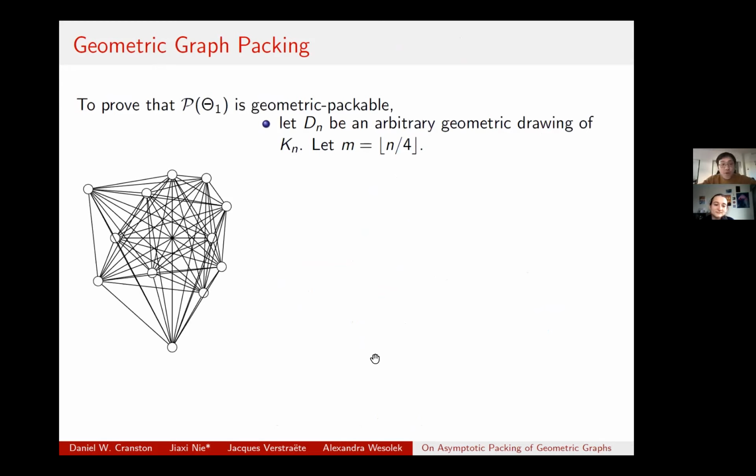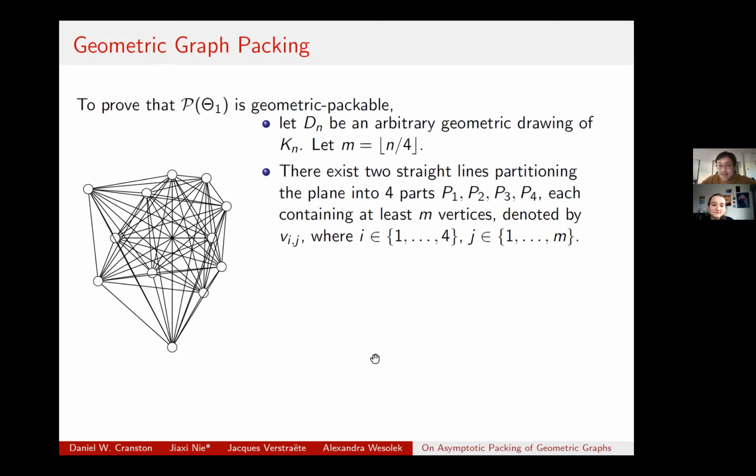Now let me show you the proof that P of theta 1 is geometric packable. Recall that theta 1 is C4 with a chord. This proof is a little bit more tricky. First, we begin with an arbitrary geometric drawing of Kn, and we let M be the floor of n over 4.